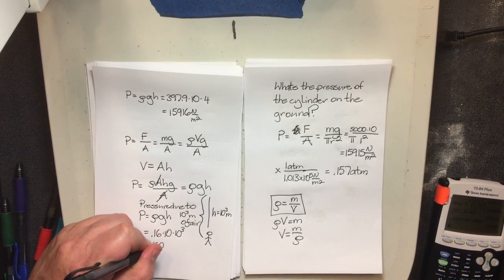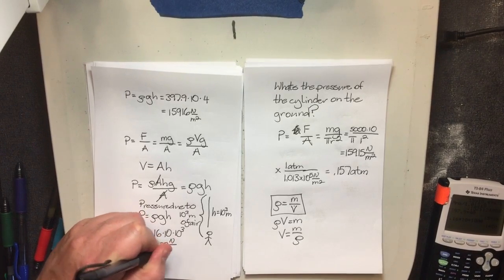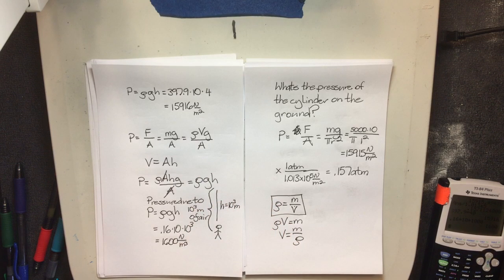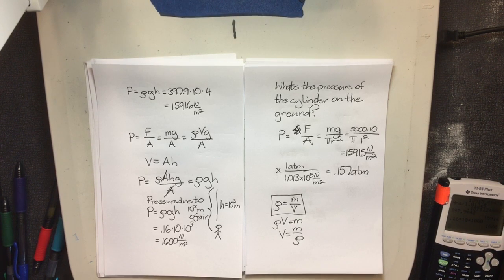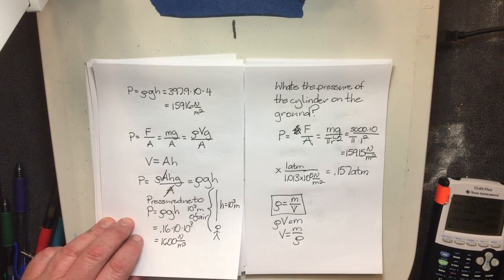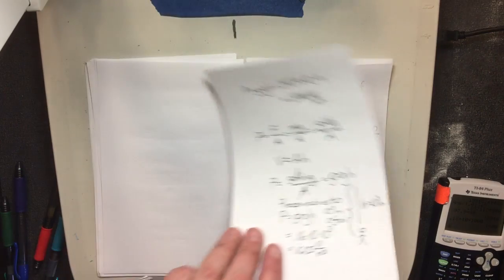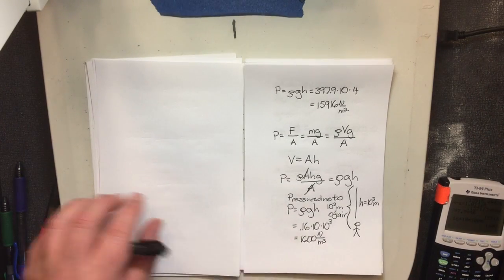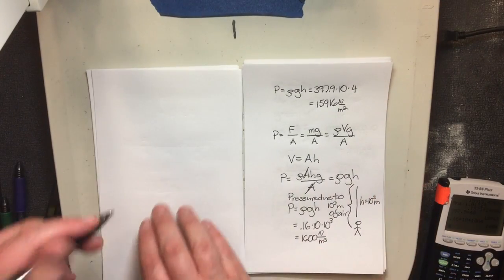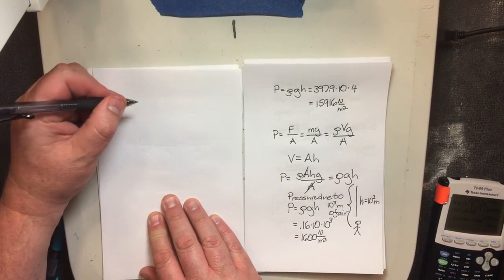I get 1,600 newtons per cubic meter. So the air above us can push down. Now what I'm gonna do, I mean, it may be that the density is something different, but what I'm gonna ask now is, if you are, oh, this is the better one.